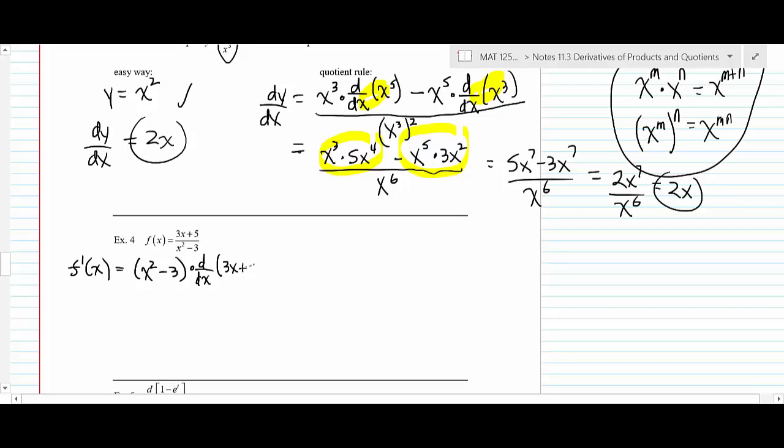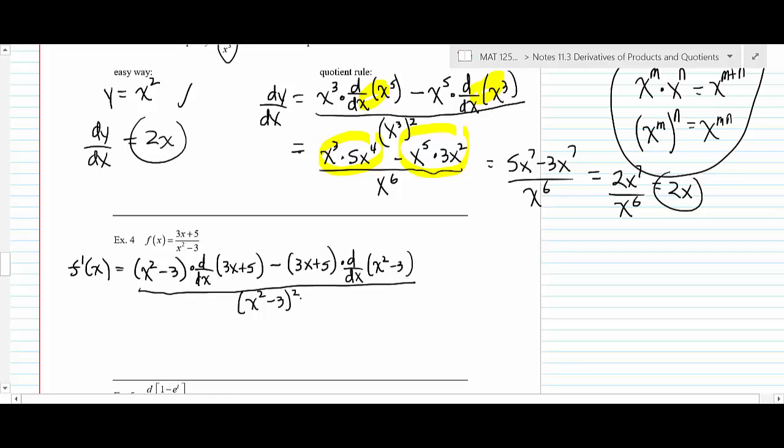You want to get it set up, and then you do it backwards. Now this time it's minus, then it's the top, and then you're going to multiply by the derivative of the bottom. And that will be all over the bottom squared like this.